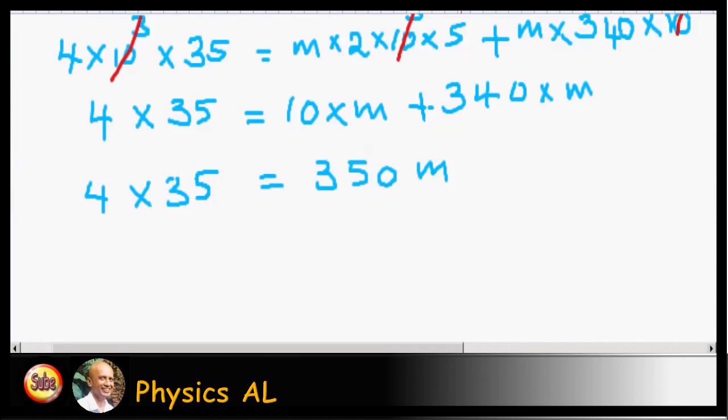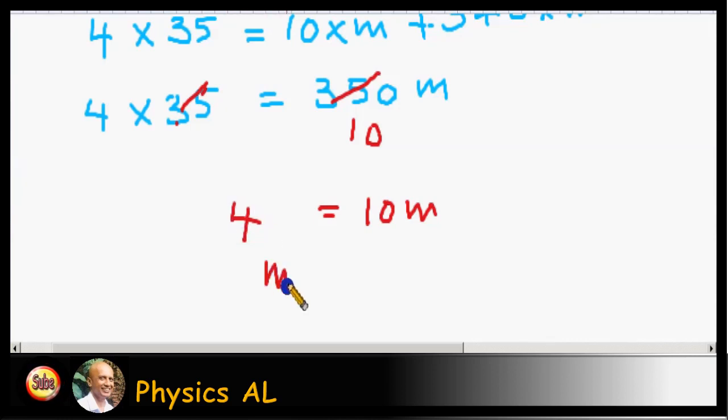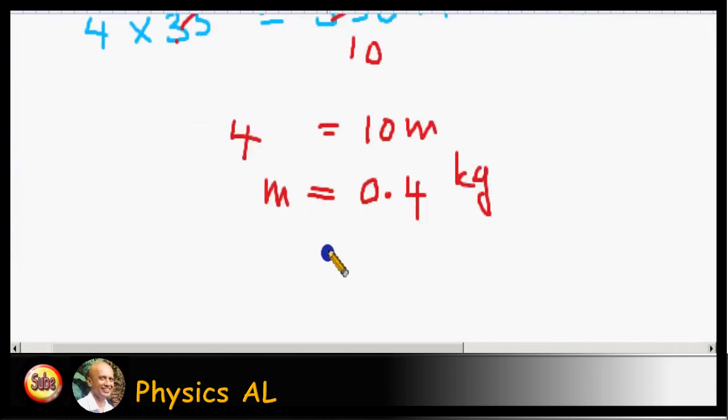Divide by 35: 10M equals 4, then M equals 4 divided by 10, which is 0.4 kilogram, but the answers are given in gram, so 400 gram.